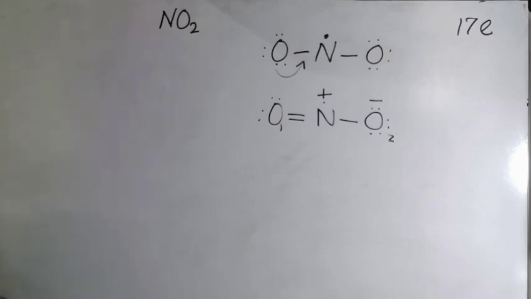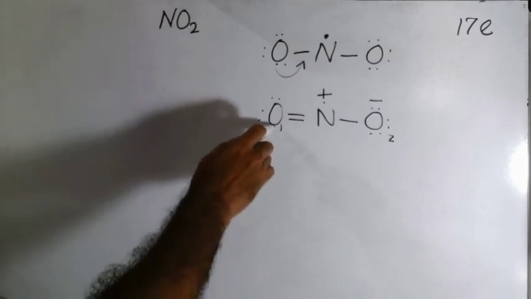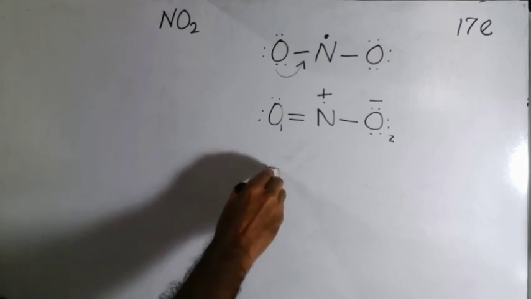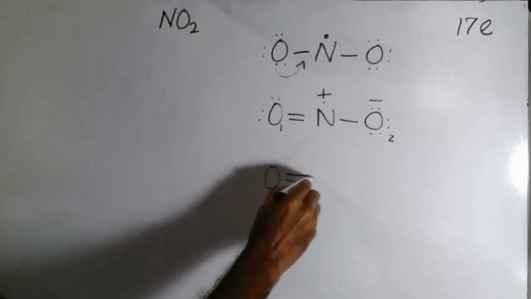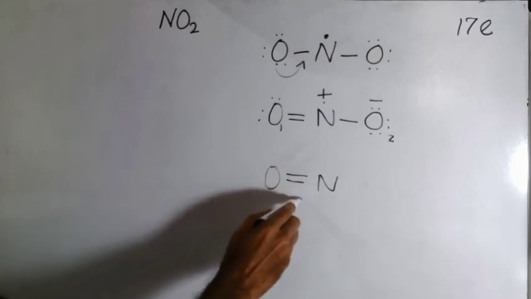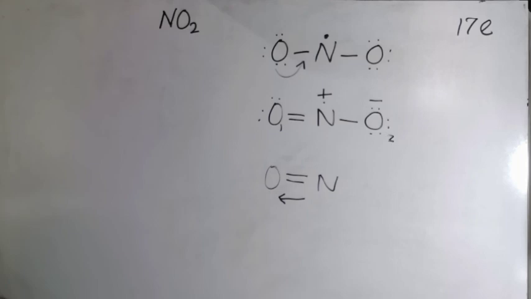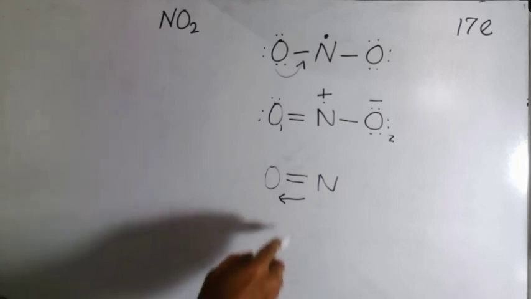Now we can move into the oxidation numbers. First we will consider oxygen atom number 1. Oxygen is more electronegative than the nitrogen atom. So if we consider the double bond here, oxygen can withdraw the electron cloud toward itself. So these are covalent bonds.